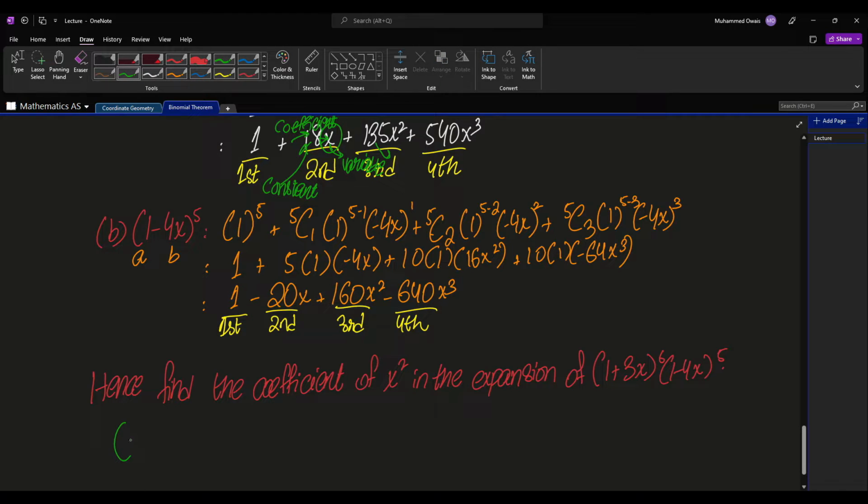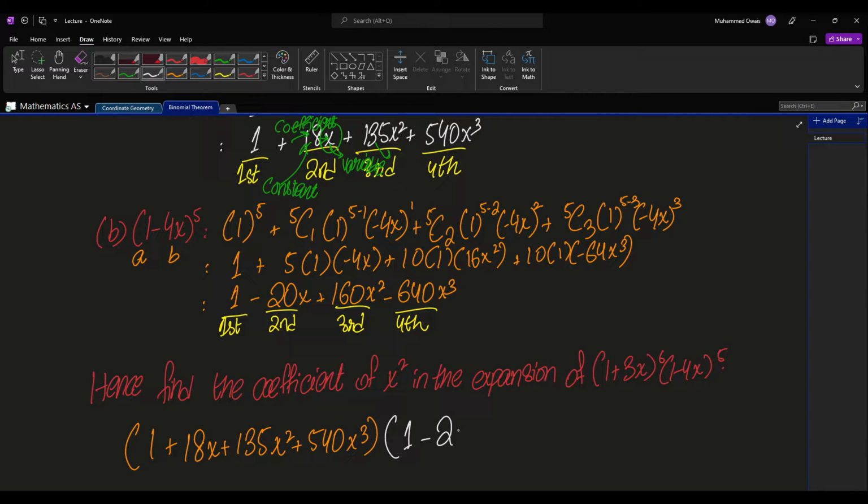Let us say 1 plus 18x plus 135 x square plus 540 x cube, and this, which is 1 minus 20x plus 160 x square minus 640 x cube.